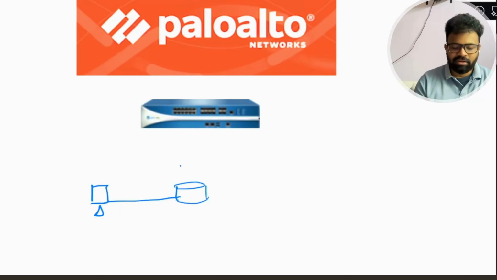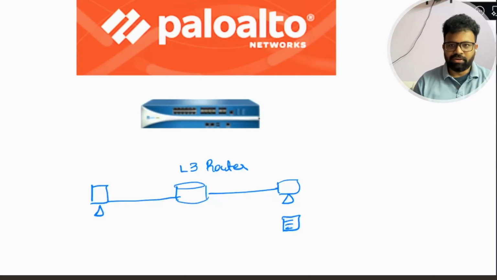So you need a layer 3 router to reach another machine or a server, whatever it is. The layer 3 router is used to route the packets. Only it will be routing the packets. That's the only thing you can do in the router part.